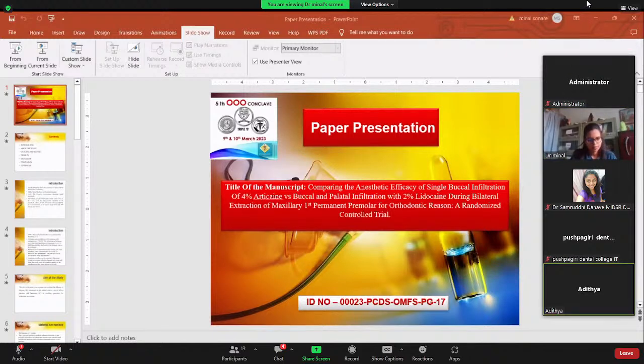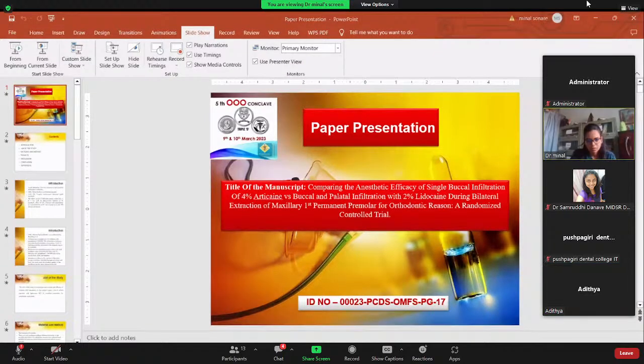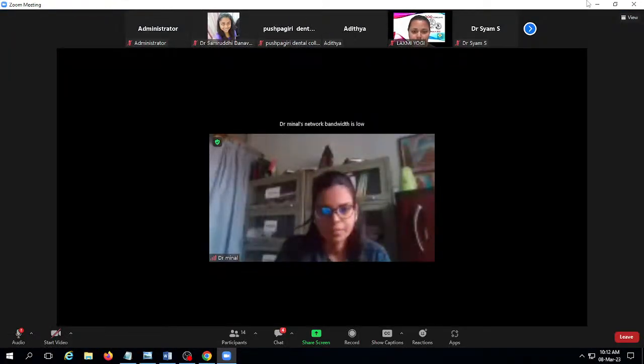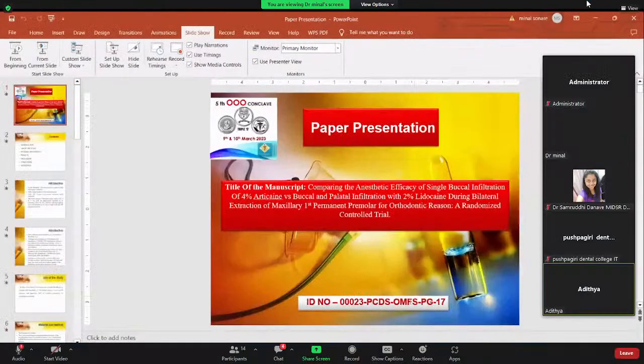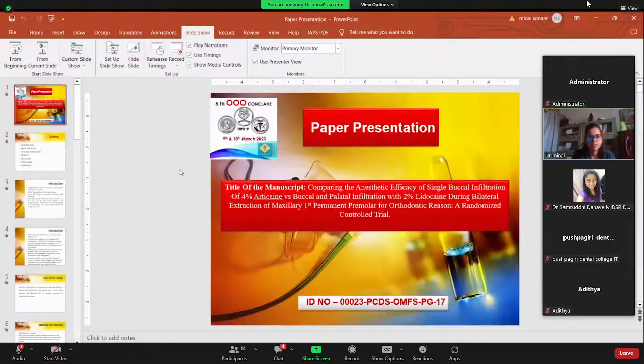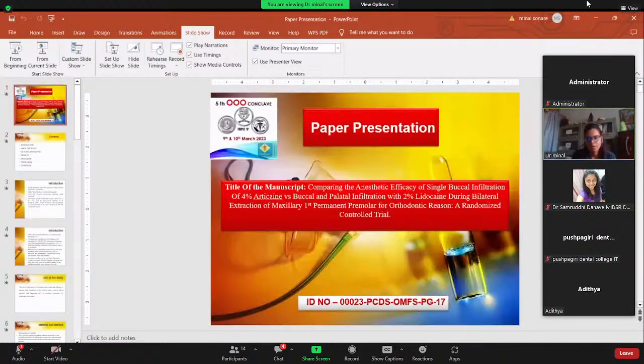Yeah, it's visible, but please put it on slideshow. I have already put it on. Is it visible now, ma'am? Yeah, it's visible, but put it on slideshow from the beginning. Top left corner, you can see from the beginning. Click on that.